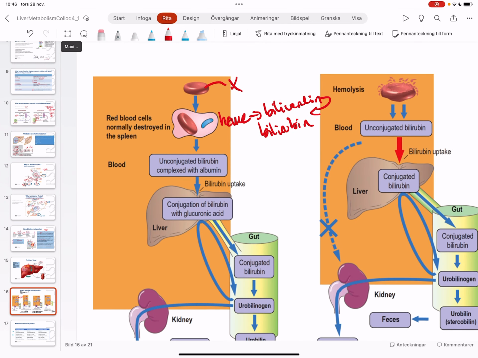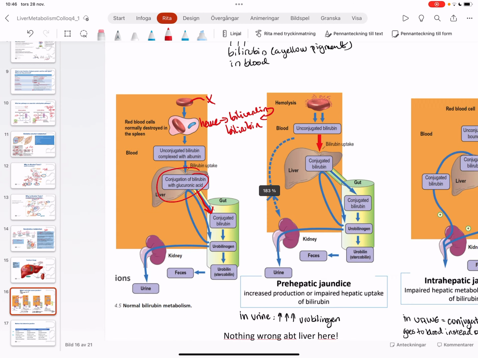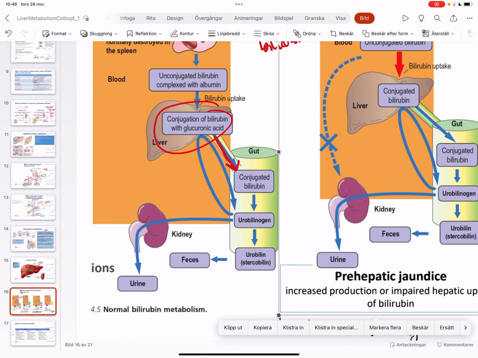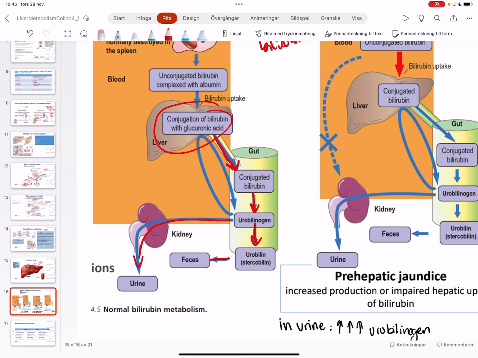Bilirubin will then be taken up by the liver, and then from the liver it will go to the gallbladder, and then from the gallbladder it will go to the gut. And then in the intestines, conjugated bilirubin will be converted to urobilinogen, which will be excreted with the urine or through the feces. That is the normal case.